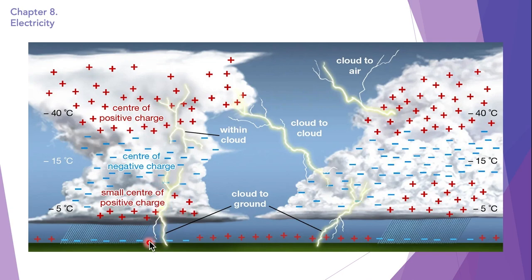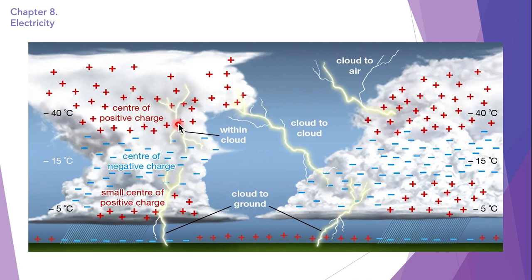In the same way, opposite charges in the cloud and the ground cause lightning to occur. Lightning also occurs within the cloud if the cloud contains both positive and negative charges. So this is how lightning occurs in thunderstorms. Because of charges and ions, a very high current flows through the air, causing a flash of lightning.